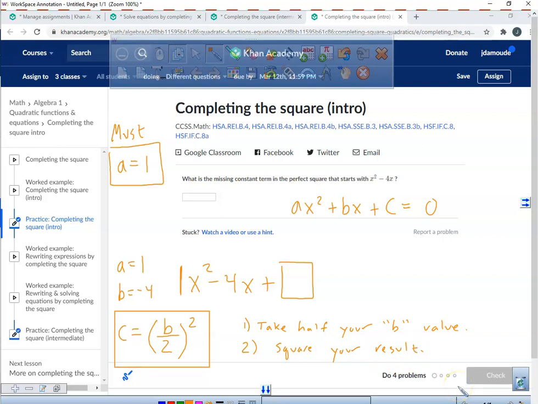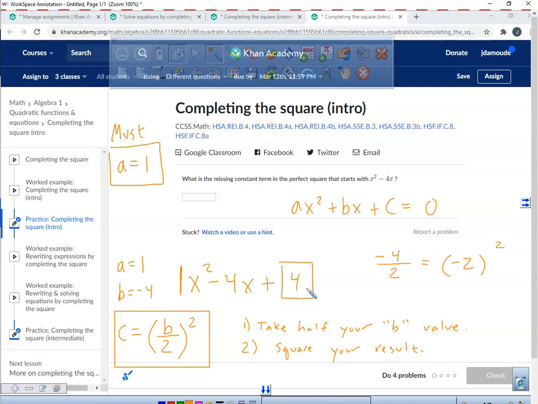So take half your b value and square your result. So check this out. What is my b value? -4. What am I going to do? Take half of it. And what is half of that? -2. And what am I going to do? I'm going to square it. Well, what's -2 times -2? +4. So my c value is a +4 for that.